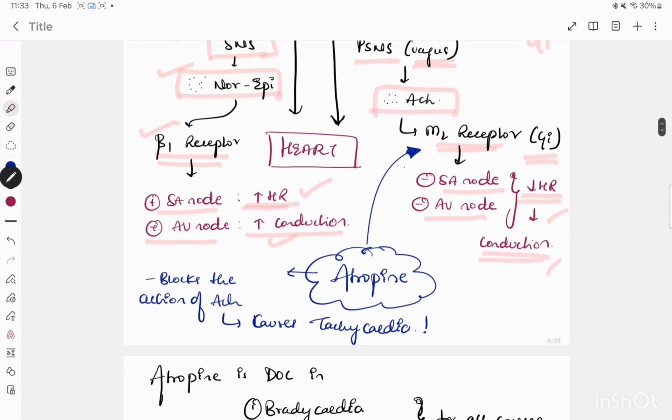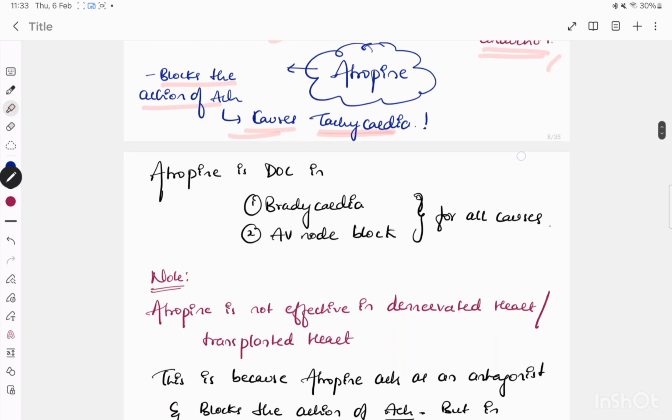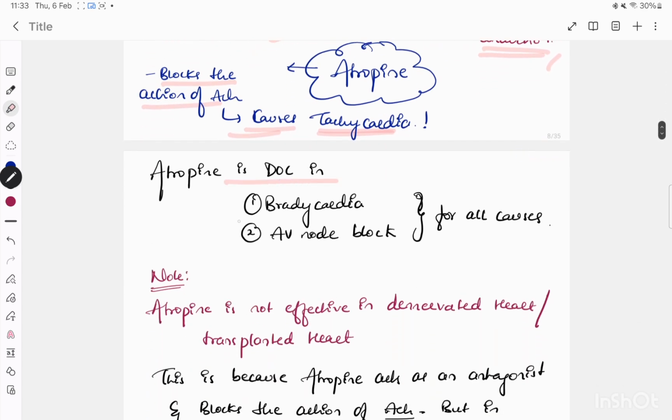Now if I add atropine, what does atropine do? It is an anticholinergic drug. So what does it do? It blocks the action of acetylcholine, and it causes tachycardia. Therefore atropine is used as a drug of choice in bradycardia as well as in AV node block. Why?